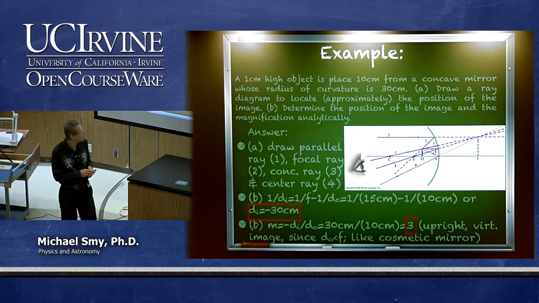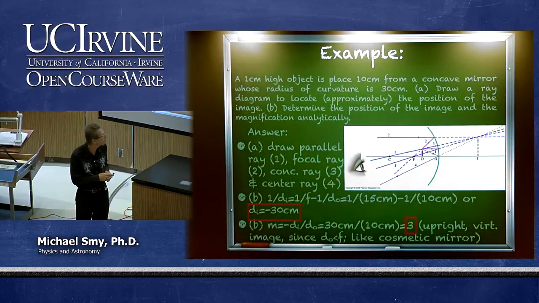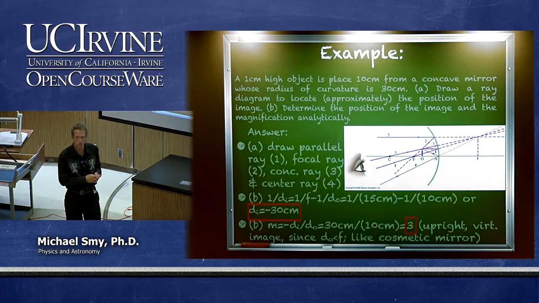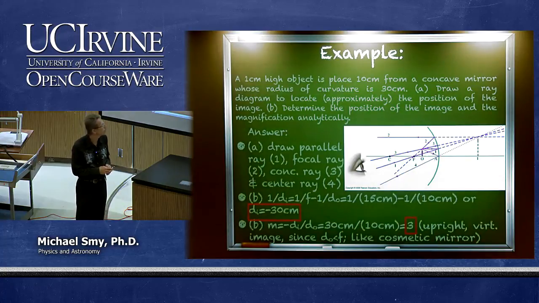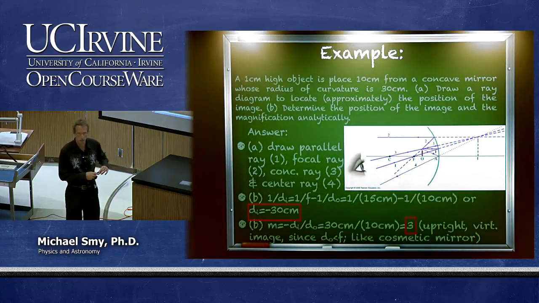One of those rules is that for a concave mirror, if the object is closer than the focal length, then the image will turn out to be virtual and upright. While if it's further away than the focal length, then the image will be inverted and real.